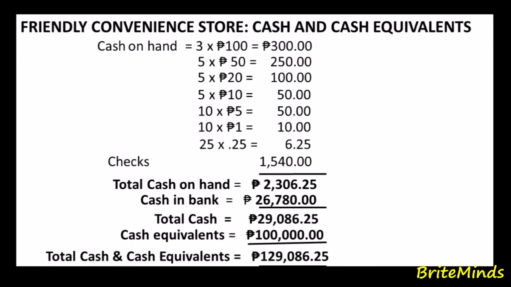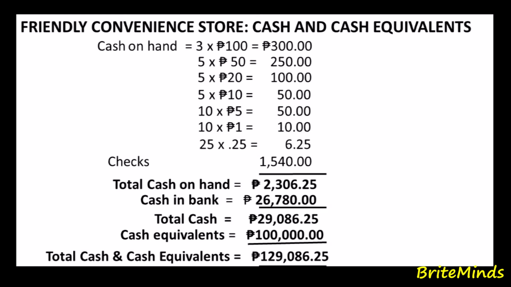We proceed to answer the problem. How much will be the balance of the cash and cash equivalent accounts of Friendly Convenience Store? Okay, so the cash on hand amounted to 766 pesos and 25 centavos plus the checks worth 1,540 pesos. So the total cash on hand is 2,306 and 25 centavos.